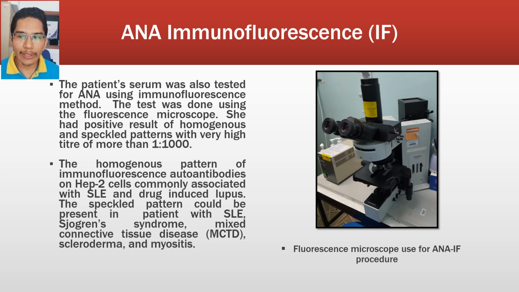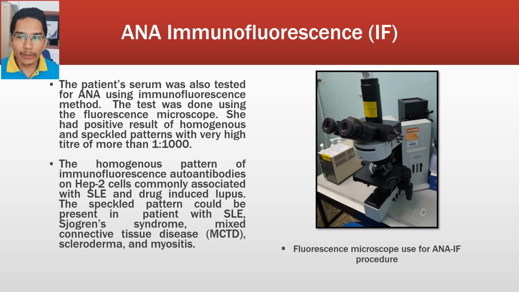The homogeneous pattern of immunofluorescent autoantibody on HEp-2 cells is commonly associated with SLE and drug-induced lupus. The speckled pattern could be present in patients with SLE, Sjogren's syndrome, mixed connective tissue disease, MCTD, scleroderma, and myositis.